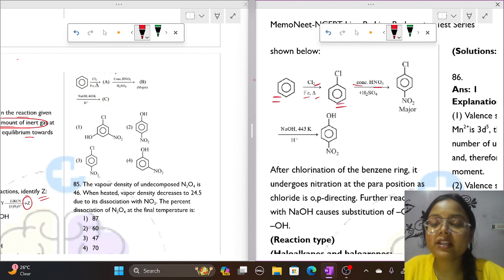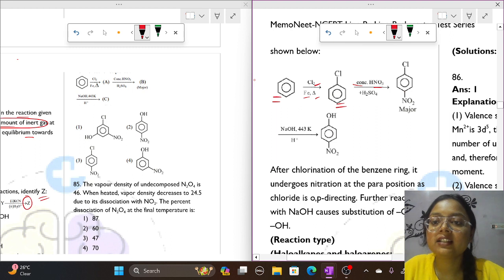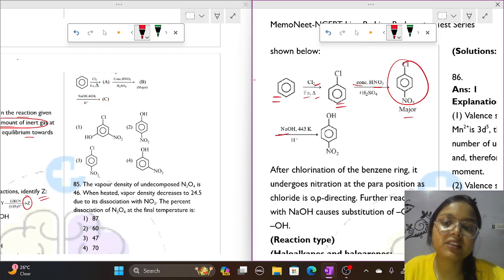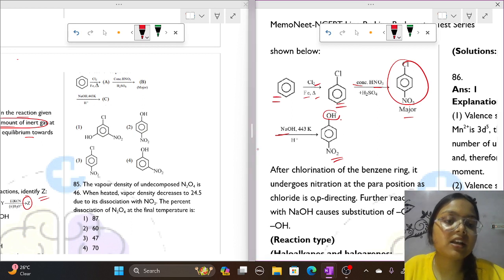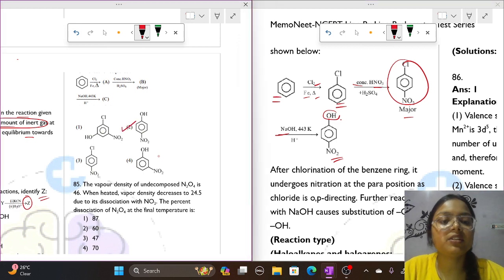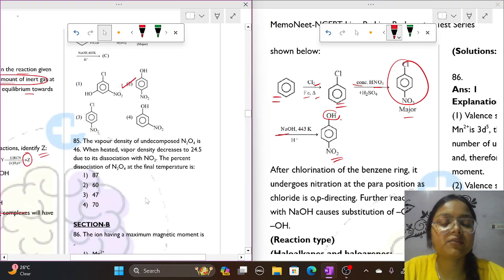Then when conc HNO3 is added, we will get this molecule, para-nitrochlorobenzene. It is the major compound, which on reaction with NaOH, the OH is substituted here and this compound will form. So the correct option is option number 2, which is the product C.